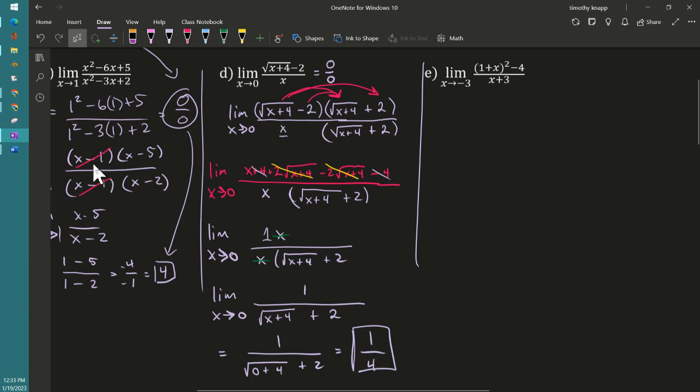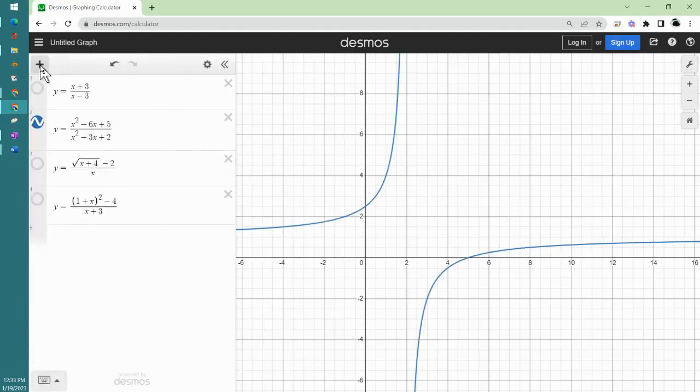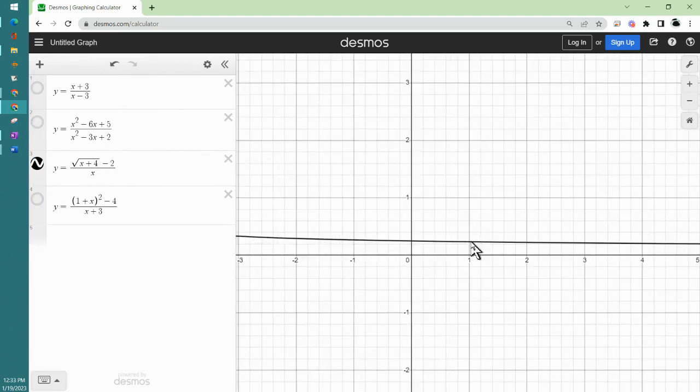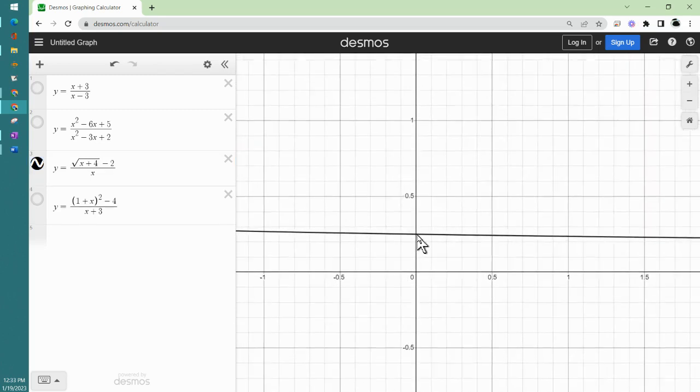Okay? And if we want to check this out graphically, look, I actually have the graph here. Here it is. So as I approach 1, no, sorry, what am I approaching? 0. I'm approaching 0. Look at this. As I approach 0, it's tough to get it right on 0 there, but it's at 1/4. You see that?